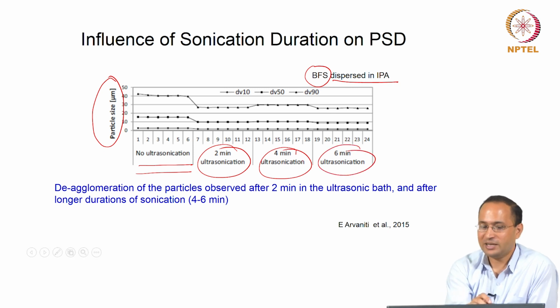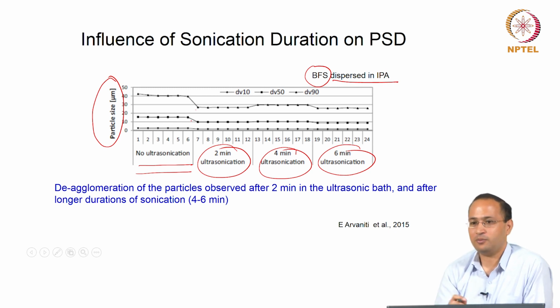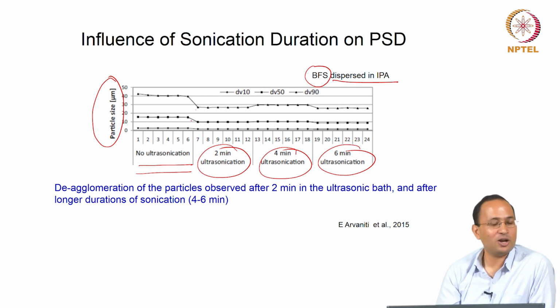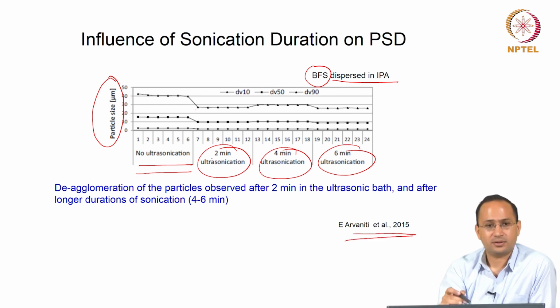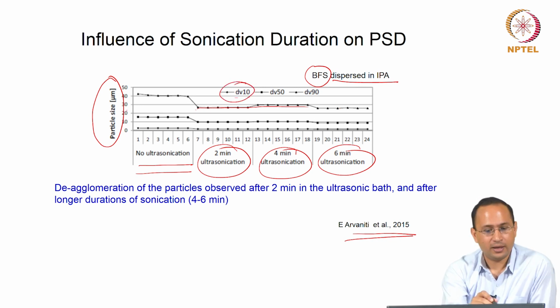See the effect. Clearly after doing sonication, your determined size has reduced, because obviously if you do not do sonication, there will be agglomeration. So the particle size you will get will be at the higher end. A few minutes of ultrasonication can help you de-agglomerate the particles. But beyond that you do not see much difference, so it is good enough. So 2 minutes of ultrasonication seems to work.